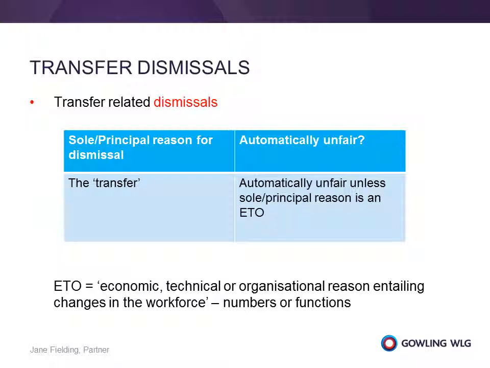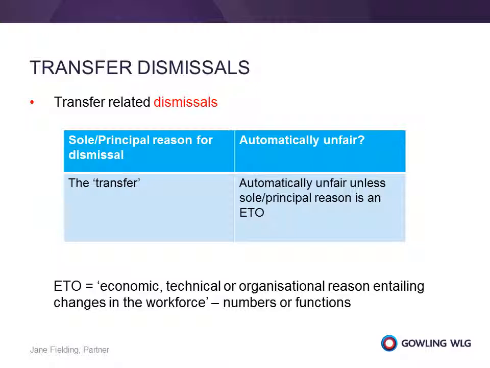Now, until recently, case law said that changes in the workforce to be an ETO had to relate to the numbers or the functions. And often in a TUPE situation, perhaps the new contractor is going to deliver the service from elsewhere, perhaps the current one's in Bristol and the new one's in Glasgow. That will involve a geographical relocation, which does not fall within that definition of an ETO.